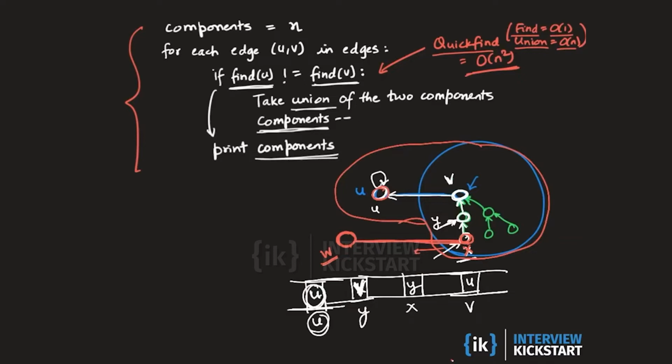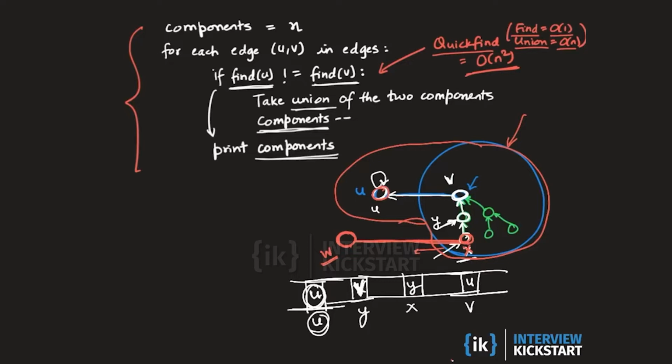So when this new edge between w and x comes in after the edge between u and v came, we now have to change the affiliation of everyone in this component to be the component ID of w.